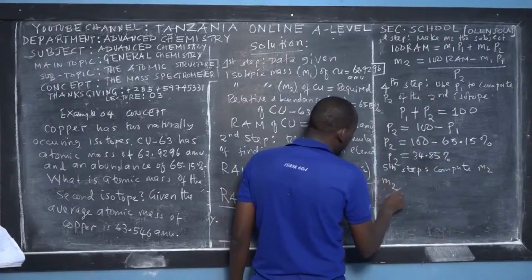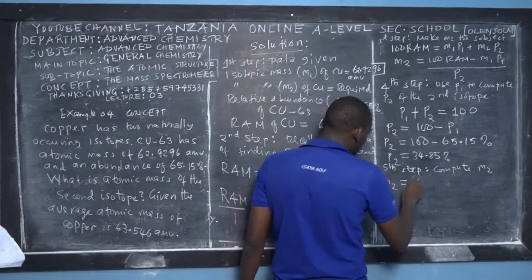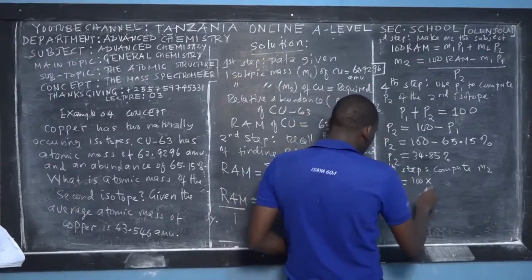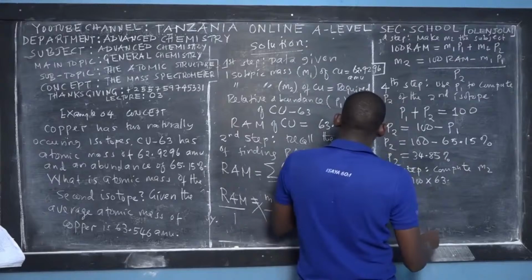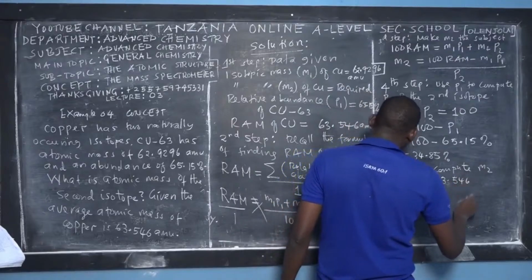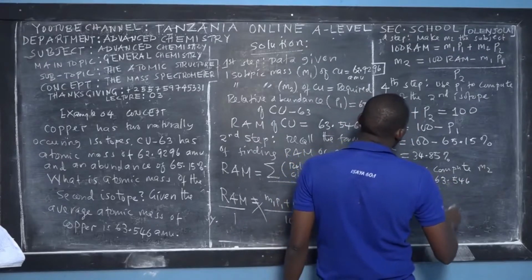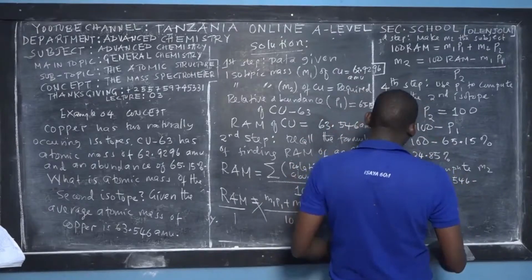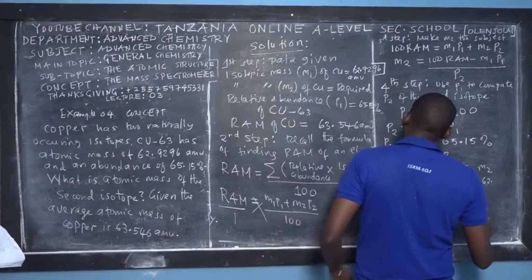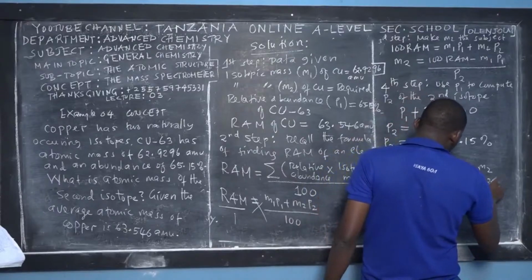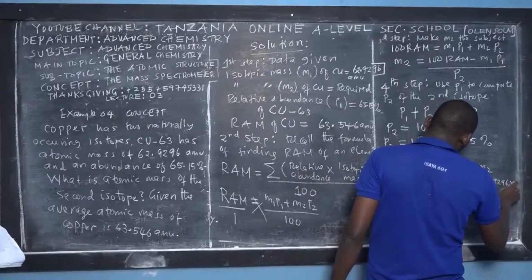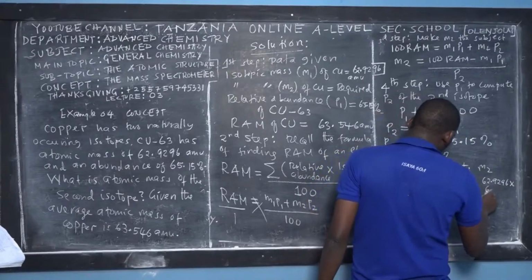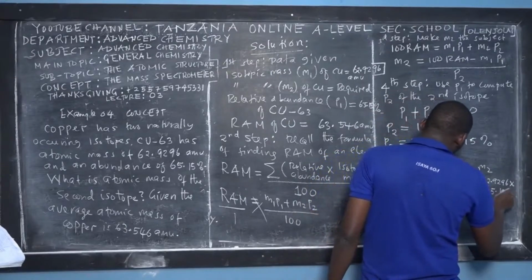The isotopic mass of the second isotope is equal to 100 times 63.2546, and then we subtract the product of mass 1, which is 62.99296, multiplied by percentage 1, which is 65.15.